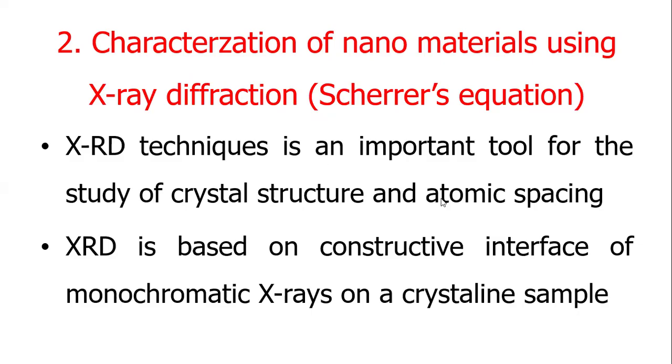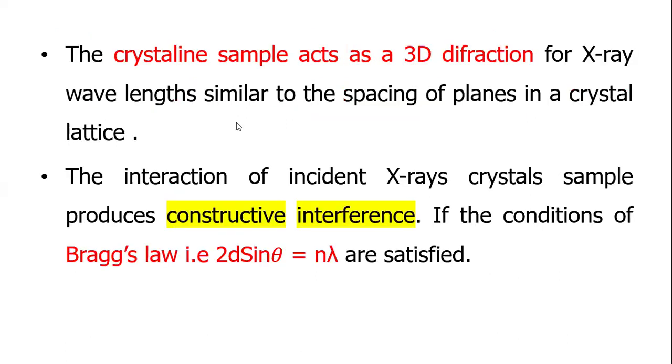XRD is based on constructive interference of monochromatic X-rays on a crystalline sample. The crystalline sample acts as a 3D diffraction grating for X-ray wavelengths similar to the spacing of planes in a crystal lattice.